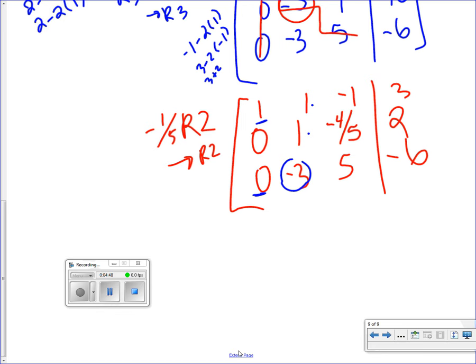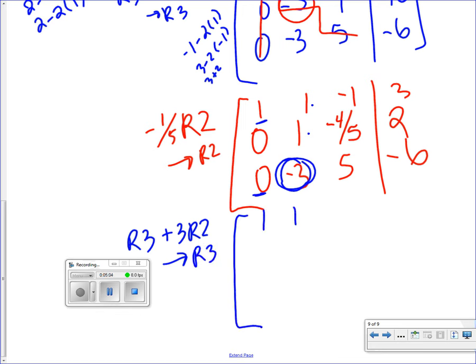So you want to avoid using that. You want to use the row that has the 0 in it already so you don't mess anything up. So R3 plus 3 times R2. That'll give us that 0 right here that we're looking for. Put the answer into R3. So row 1 is not changing. Row 2 is not changing.